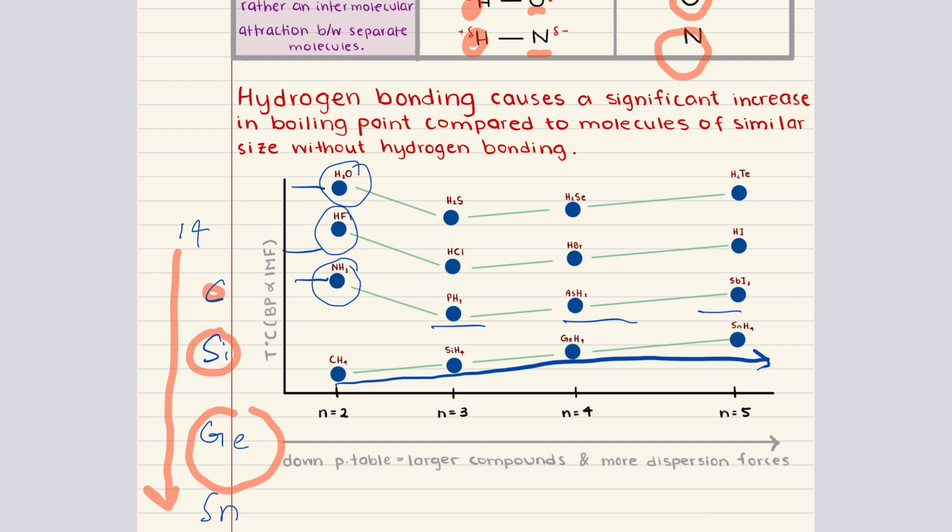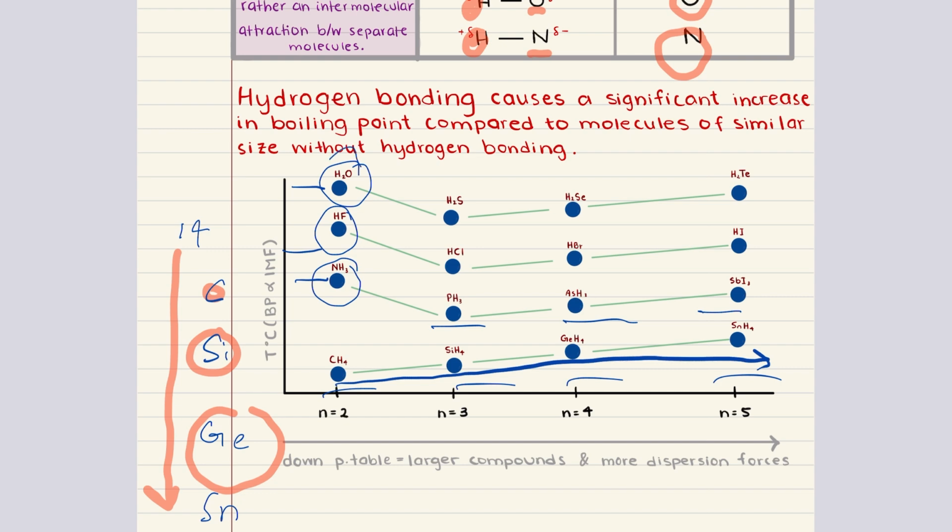What is responsible for this? The answer is hydrogen bonding. Unlike group 14 hydrides, which rely only on London dispersion forces, ammonia, water, and hydrofluoric acid experience hydrogen bonding, and that significantly raises their boiling points beyond what we would predict based on molecular size alone.